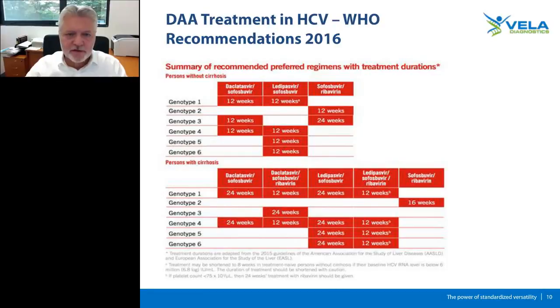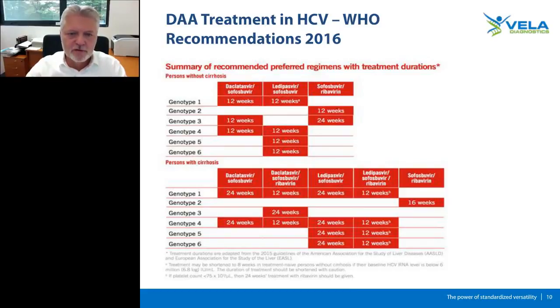So as I said, genotyping is still important, as shown here. This is a summary of recommendations by WHO 2016. What's shown here is typically a combination of drugs. Usually what we do today is drug combination treatment of one to three drugs, typically of four classes. And what's shown here is also the duration of therapy, which is classified by genotype, as you can see.